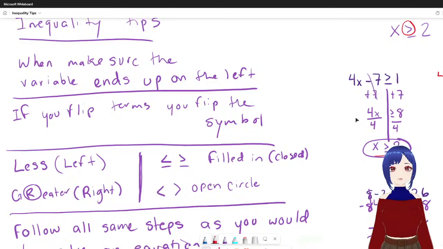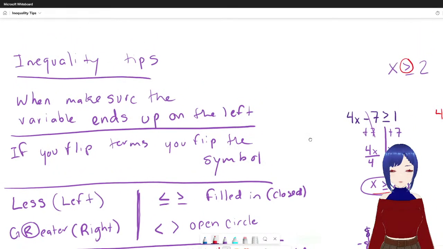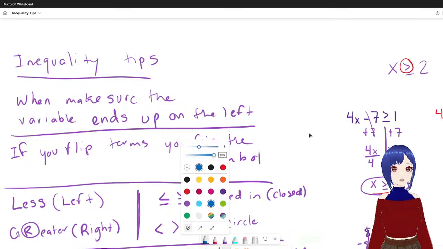So let me do that up here really quick. If we had done one of the questions and we ended up with 3 is greater than or equal to x, as I mentioned, we want to make sure x is on the left. It is not. So if we want to make it so it's on the left, we can flip the x and the 3, but we flipped our terms.